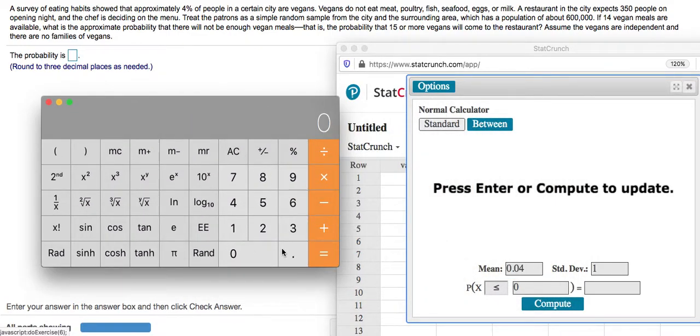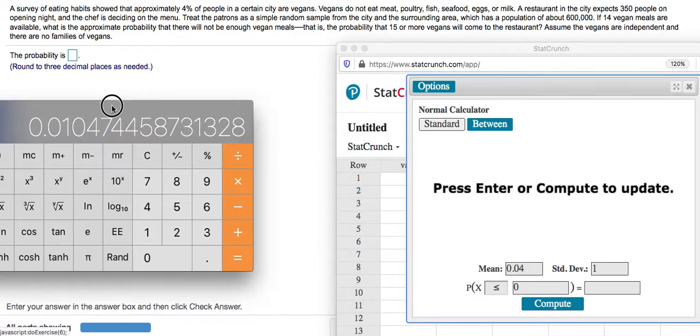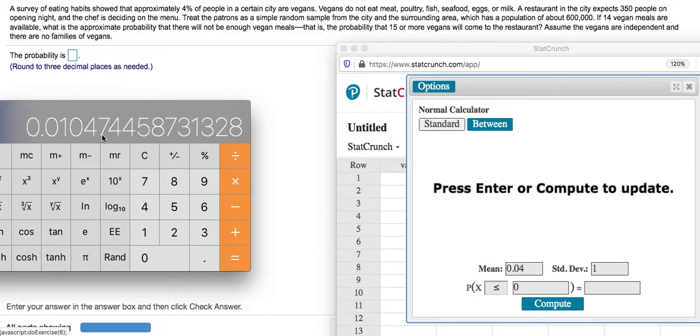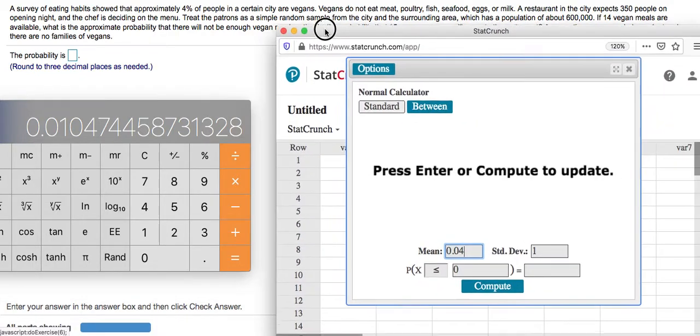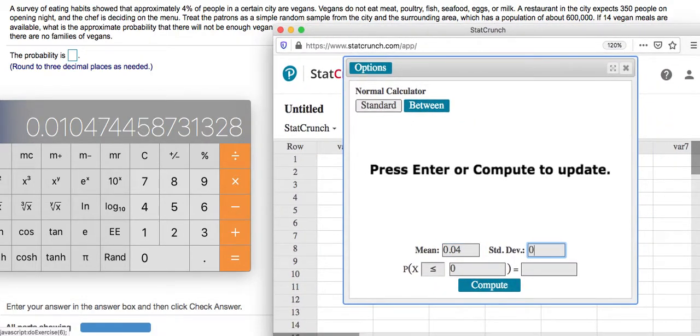We take the value p, 0.04, multiply it by 1 minus p, which is 0.96, divide this number by n, which in my case is 350, and then take the square root of this number. If I round to 5 decimal places, just to be careful, that is 0.01047. That will probably be good enough for what we're doing here.